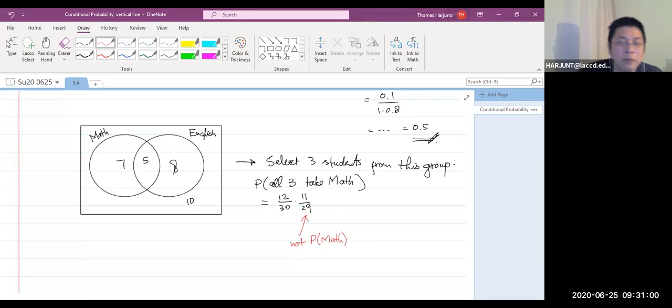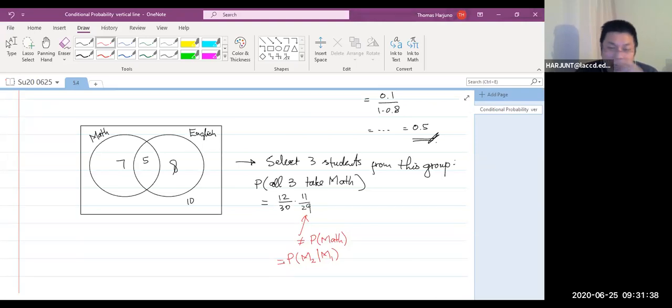But this 11 over 29 is actually the probability that you get a math person given the first person you took was a math. So the idea of conditional probability was already instilled yesterday. We just didn't describe that in a formal way.